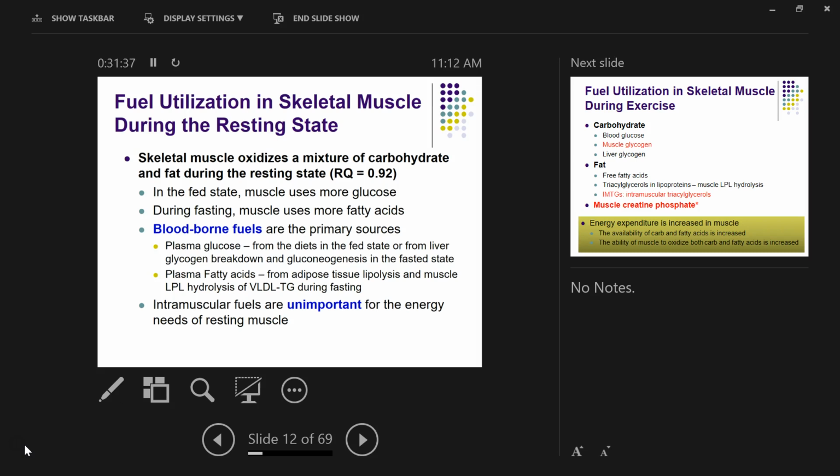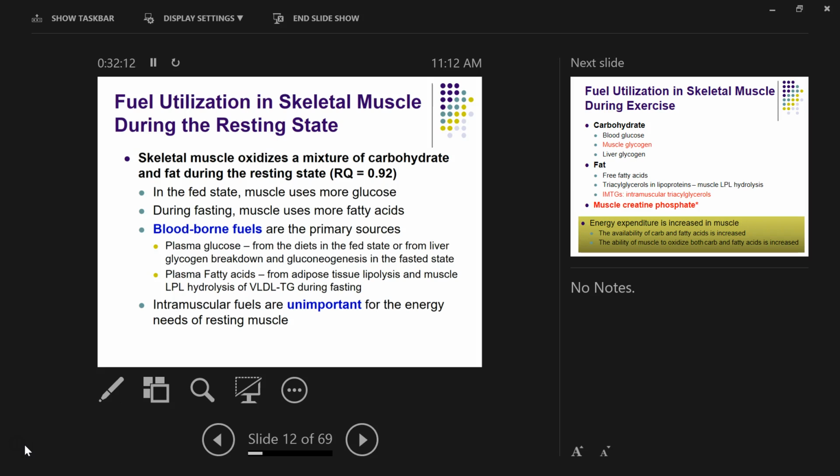An important thing that I want to mention is that during the resting condition, the so-called intramuscular fuels are not an important energy fuel for muscle use. So again, the main point here is that during the resting condition, muscle usually does not utilize intramuscular fuels.